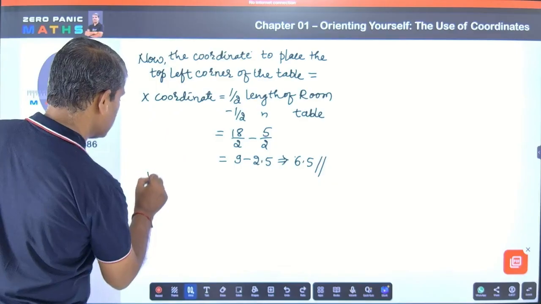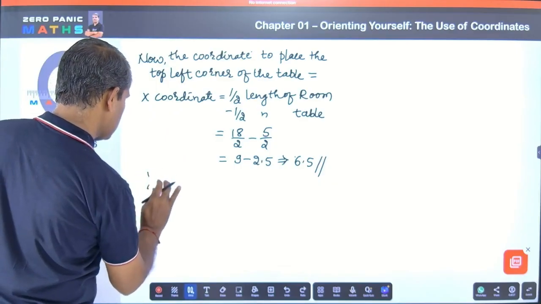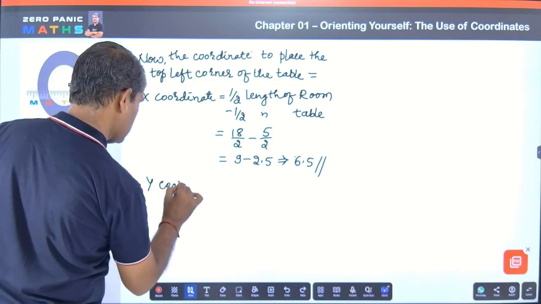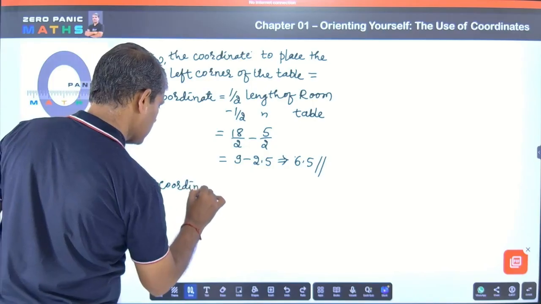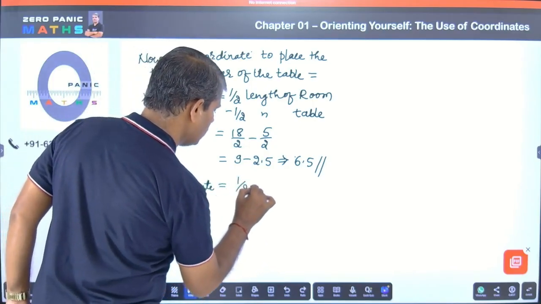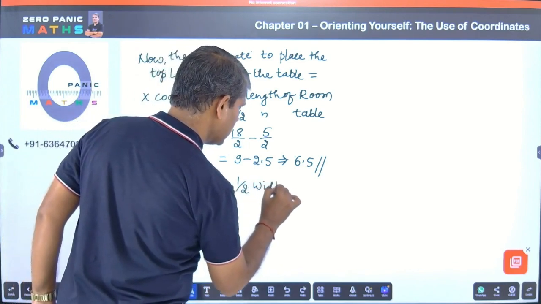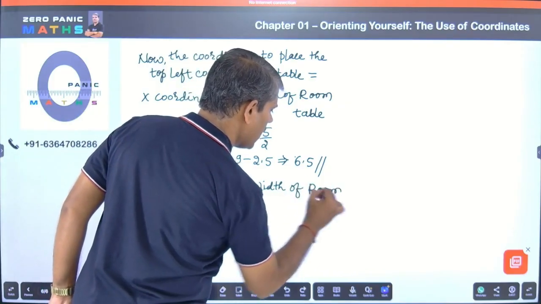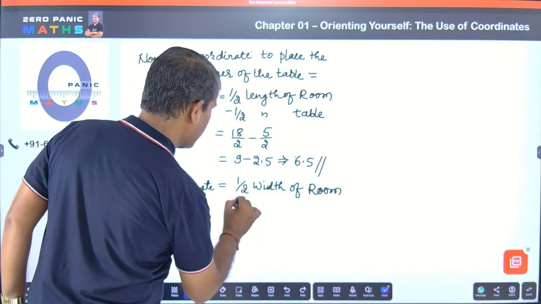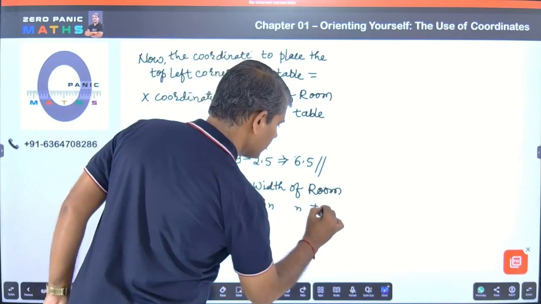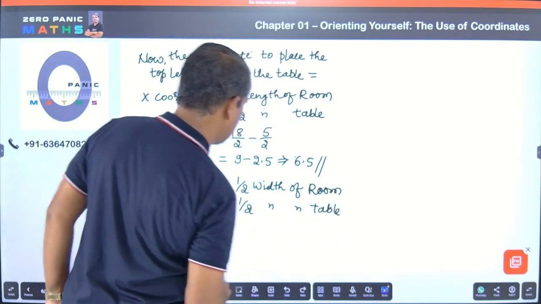Now the y coordinate is half of the width of the room. That is for length, and this is for width. Half of the width of the room minus half of the width of the table.